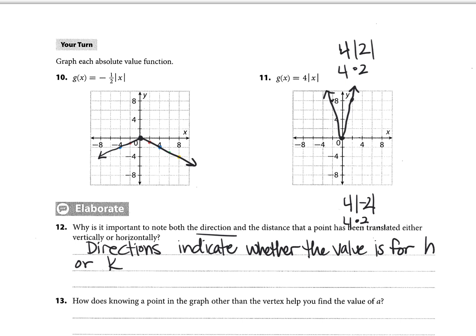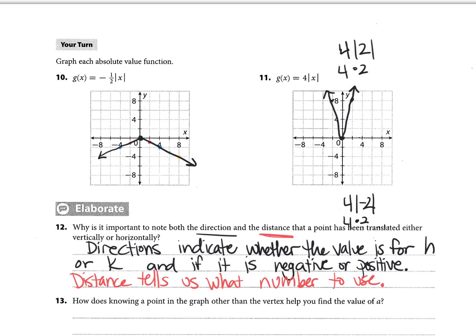So direction indicates whether the value is for h or k and whether it's a negative or positive value. The distance tells us what numbers to use for h and k. If we move 2, then we would want the h or k value to be 2. If we moved 15, we need that value to be 15.